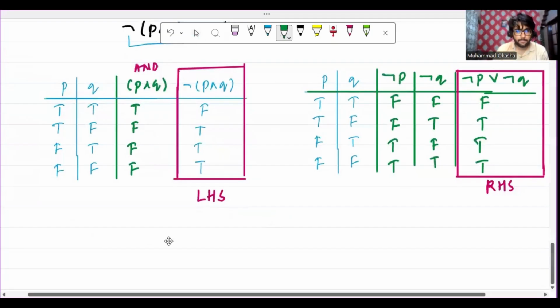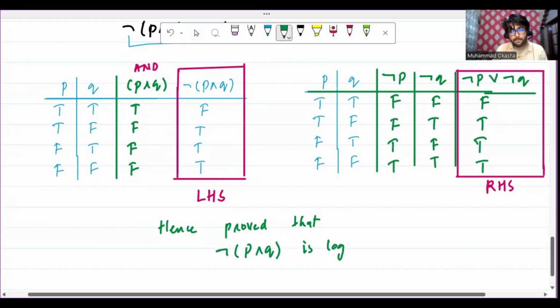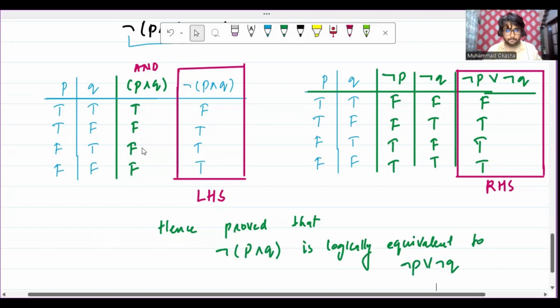So I can write hence proved that negation bracket P conjunction Q is logically equivalent to negation P disjunction negation Q. I hope it makes sense.